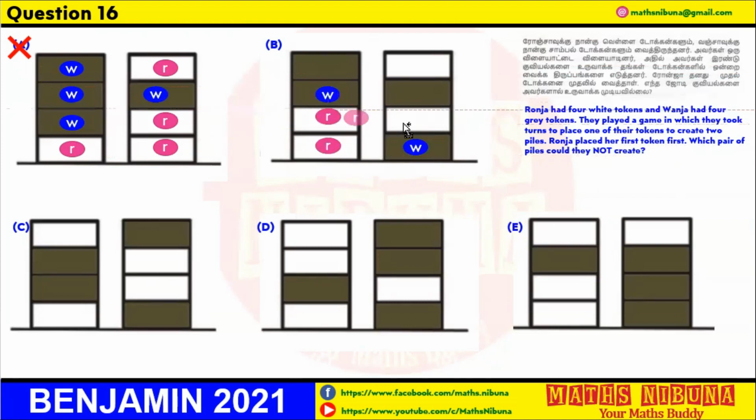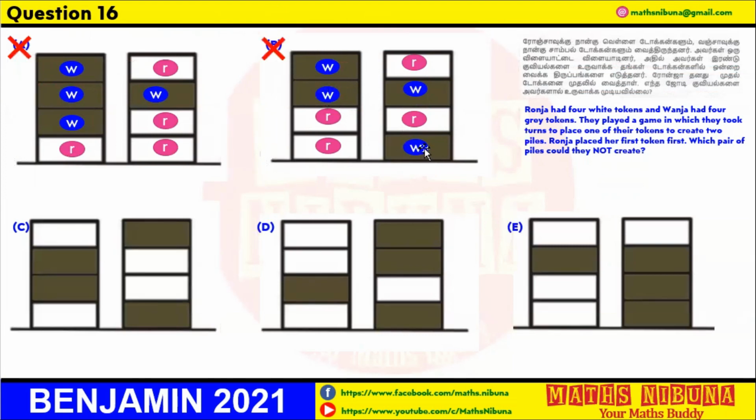And then Ronja's white can only be here. The next one must be gray, Wanja's, here or here. Doesn't matter, we put here. And then Ronja maybe puts here. And finally, Wanja keeps here. This is also a correct arrangement, so this also cannot be the answer.